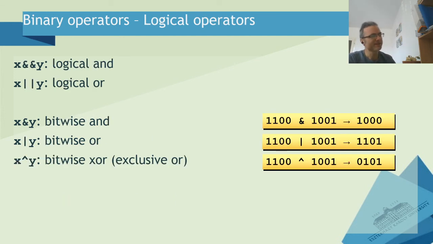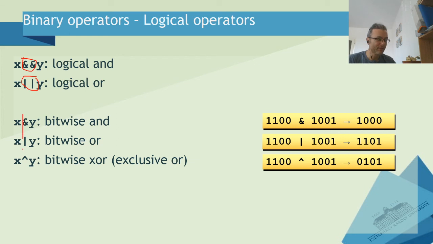Okay. Once you have bool values, of course, you can use the logical operators, which you already know. You already know the logical AND and logical OR. Here, both x and y must be of type bool.